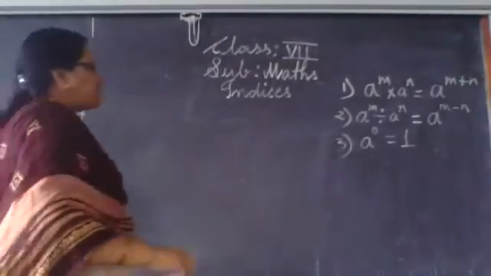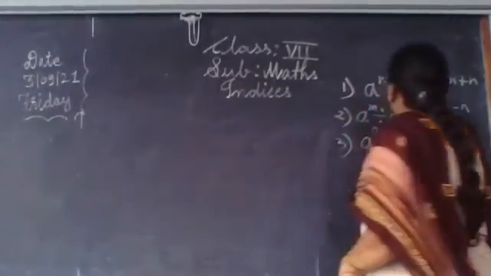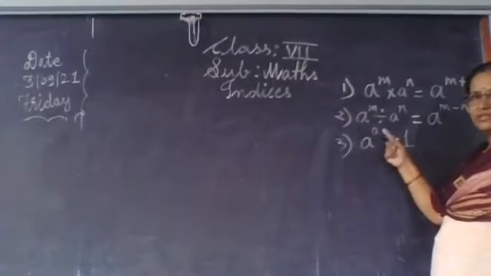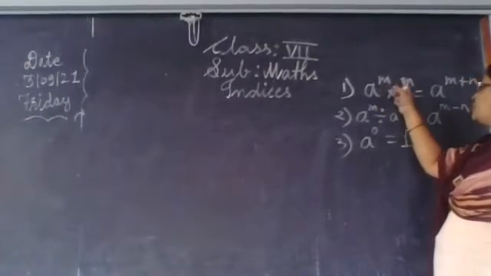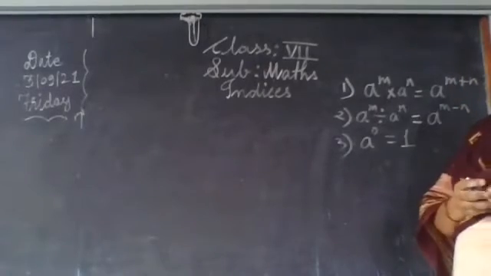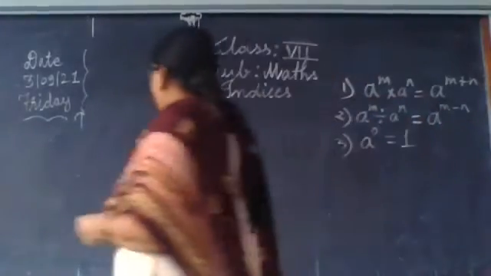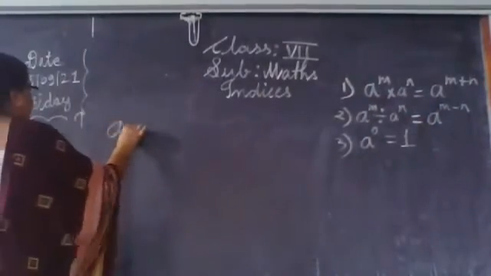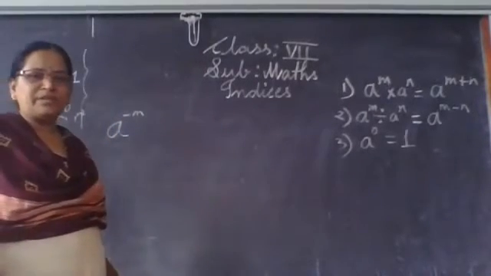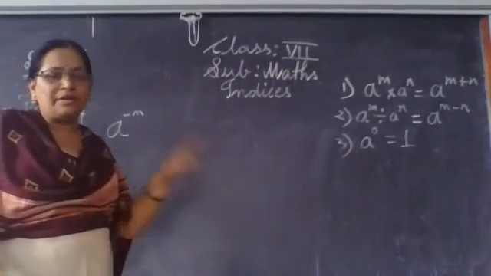Now see. Here we have seen the powers are positive. 0 is neither positive nor negative. But in these two laws, the powers are positive. If powers are negative, then what to do? For example, a raised to power minus n. You have to remember that the power should not be negative.